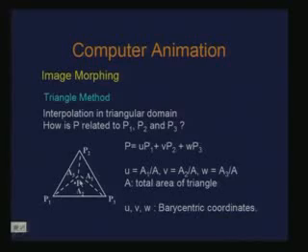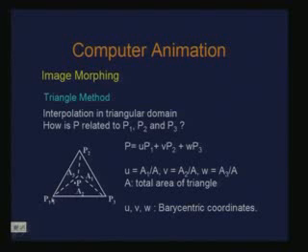So within a triangle, if you want to perform such an interpolation, what do you use? Barycentric coordinates. So that's what we do. So basically we are looking at an interpolation in triangular domain.